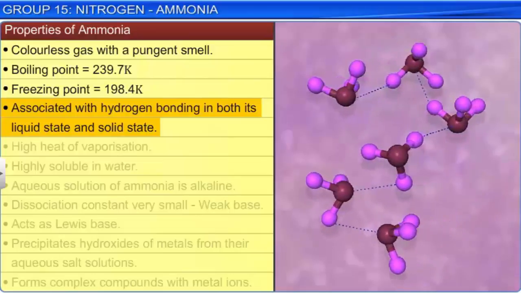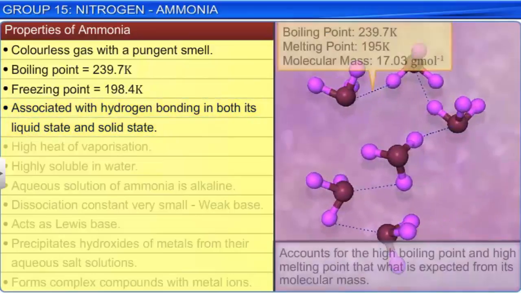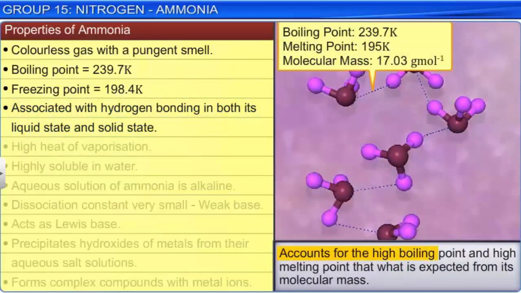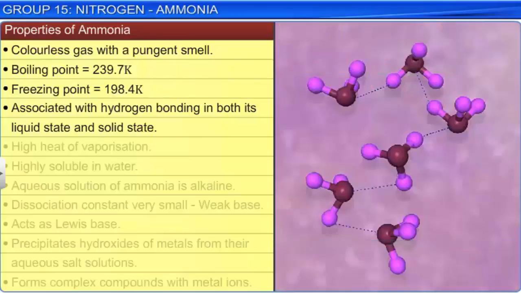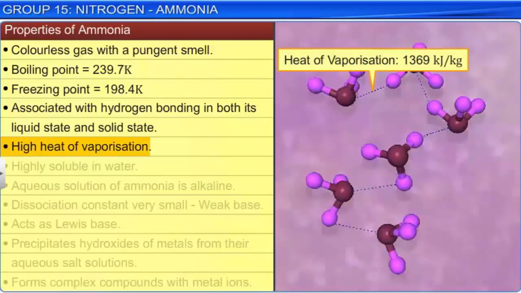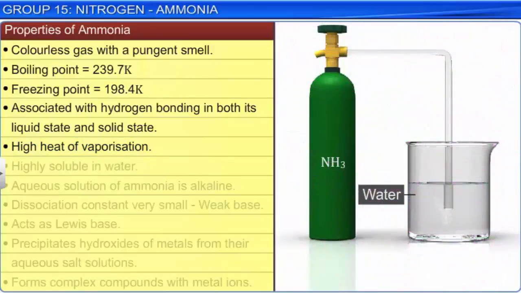Hence, this factor accounts for the high boiling point and high melting point, higher than what is expected from its molecular mass. Note that liquid ammonia has high heat of vaporization. For the same reason, ammonia is highly soluble in water.